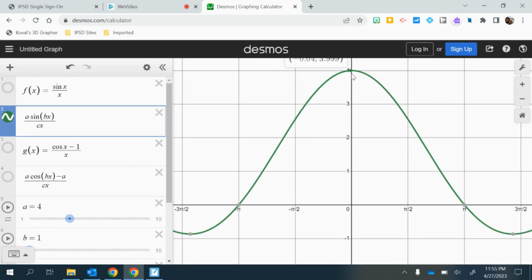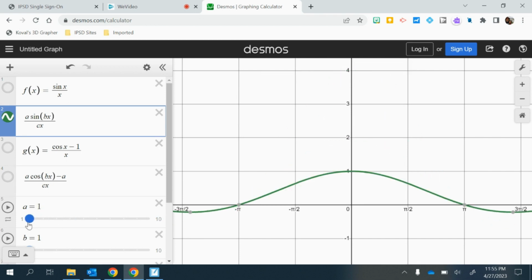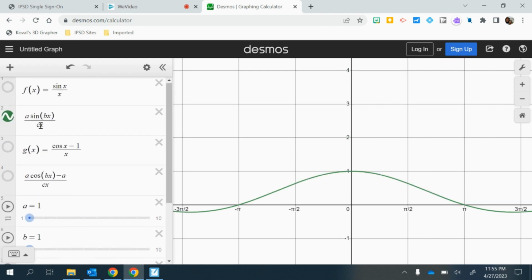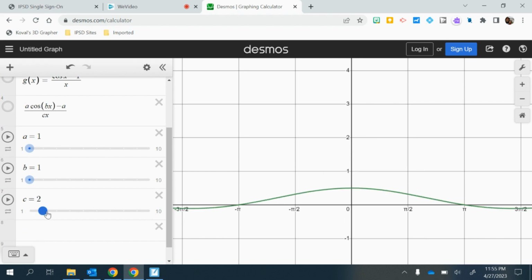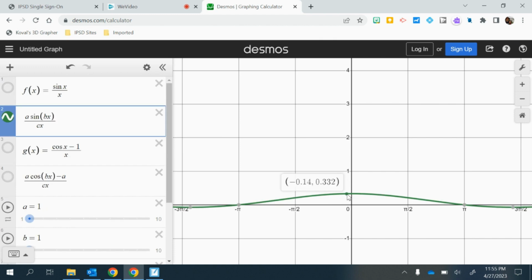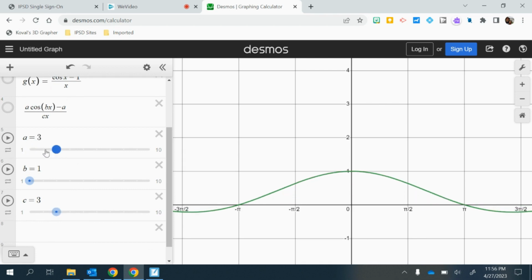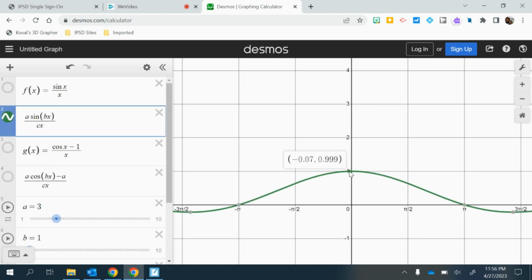It's still undefined, but it's approaching 4 or whatever the a value is. And if I have a c in the denominator, it's just going to get divided. So this one's going to approach something that looks like 1/3, because I made c 3. That's pretty obvious. And if I multiply the top by 3 and the bottom by 3, I would just approach 1 again.